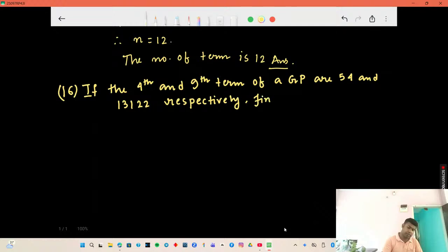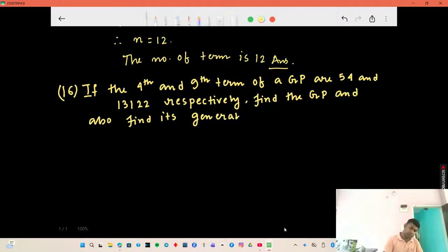Find the GP and also find its general term.